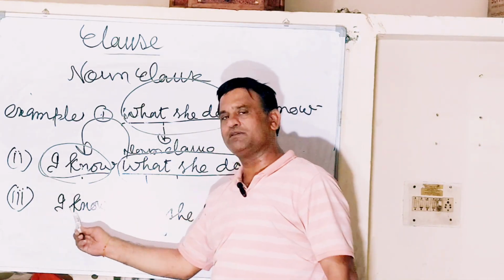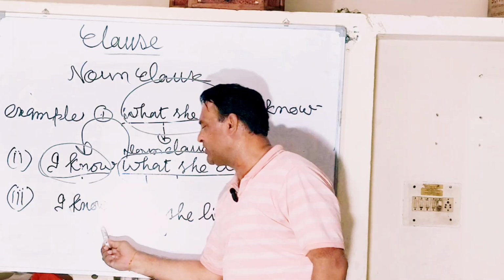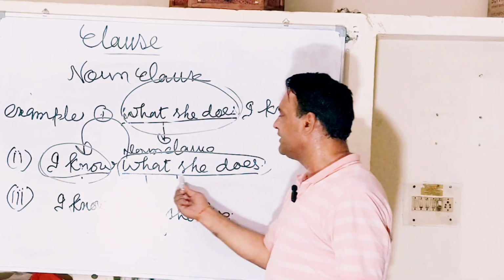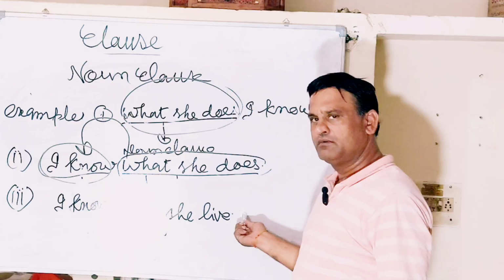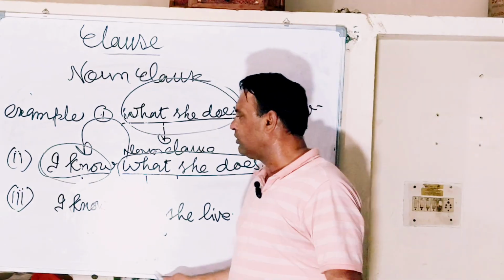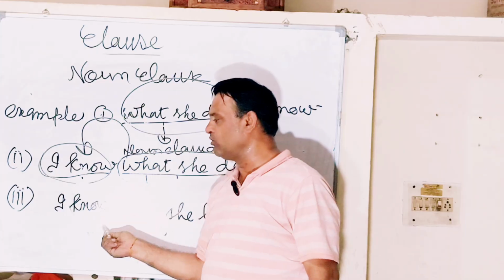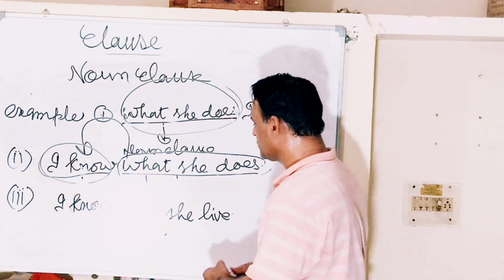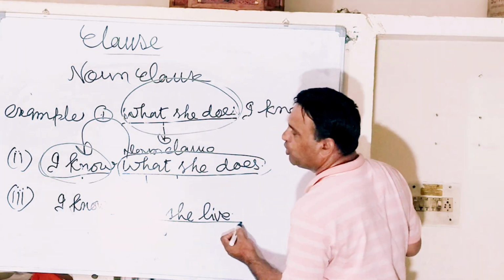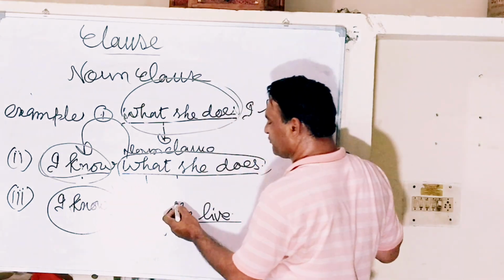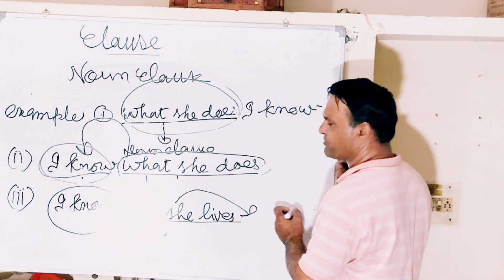This is the main clause. It is giving the complete thought, complete meaning. Where she lives is a dependent clause, so it depends for its meaning on this clause, I know, the main clause. So therefore, here, what I know, the answer is where she lives.